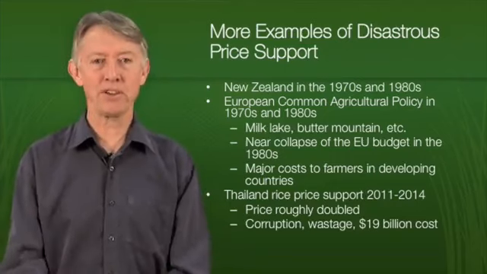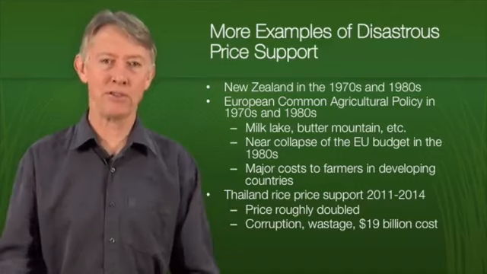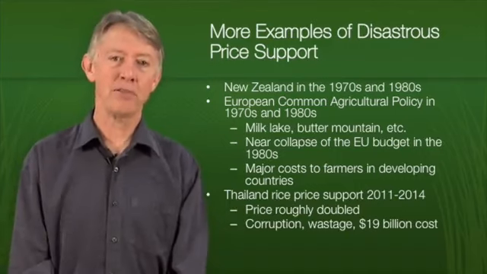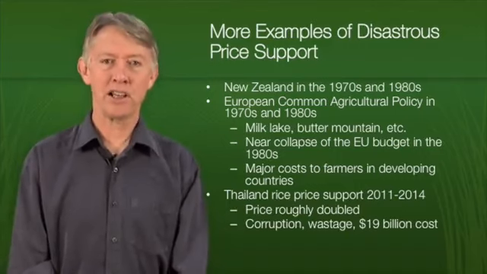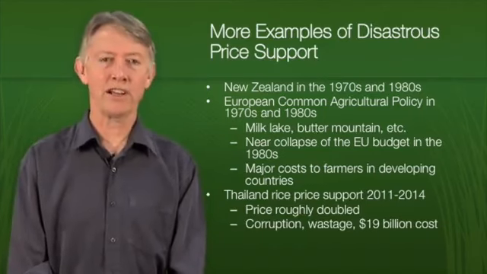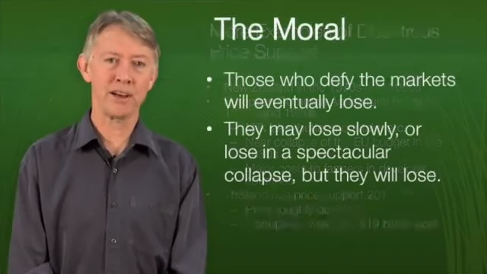Big wastage of produce that was being stored in not very good conditions, and overall a cost to government in Thailand that's estimated to be about $19 billion US. Really, another one of these policies that really is very poorly designed, really stupid in fact.